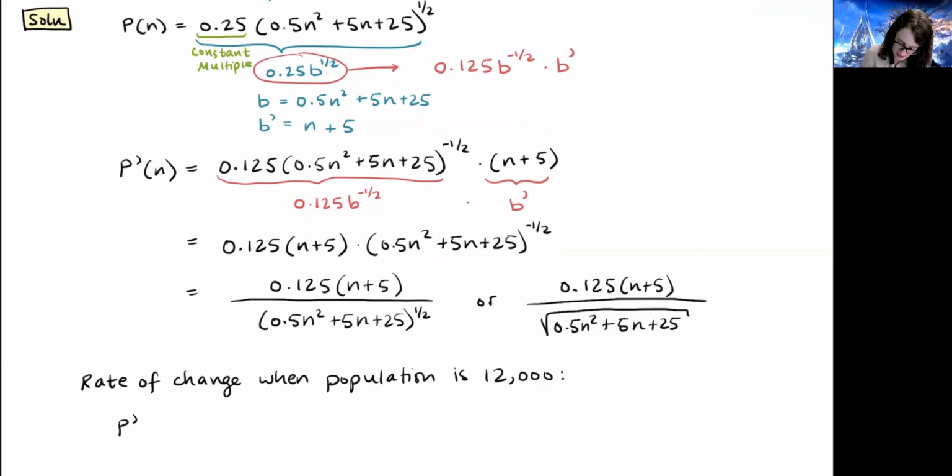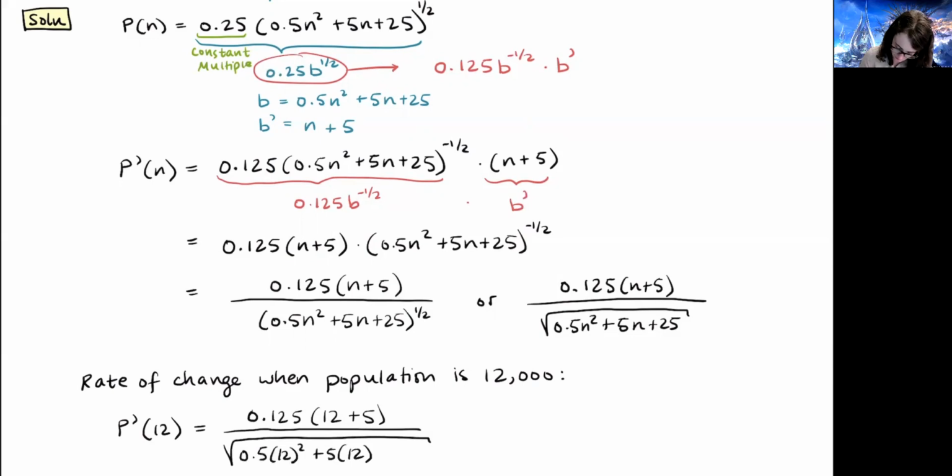So we'll plug in 12 for n into capital P prime. It'll just be 0.125 times 12 plus 5, all divided by the square root of 0.5 times 12 squared plus 5 times 12 plus 25.